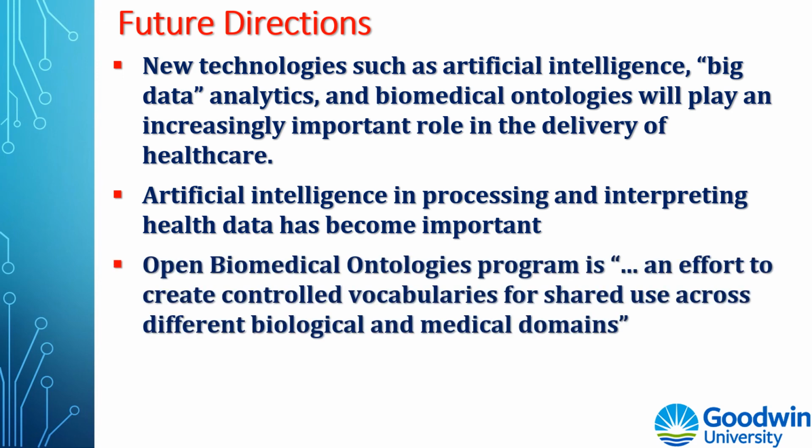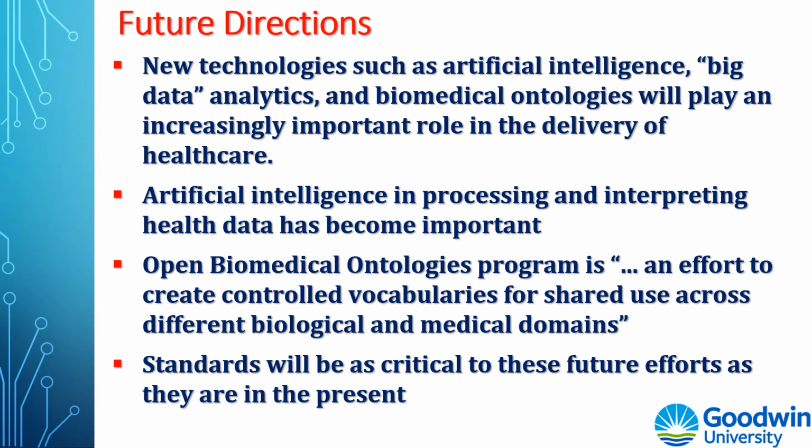The open biomedical ontologies program is an effort to create controlled vocabularies for shared use across different biological and medical domains. Very important. So now it's really trying to cross into both those domains so we use the same words. Standards will be as critical to these future efforts as they are in the present, which means they're not going away. We'll just have more of them or more precision in them.